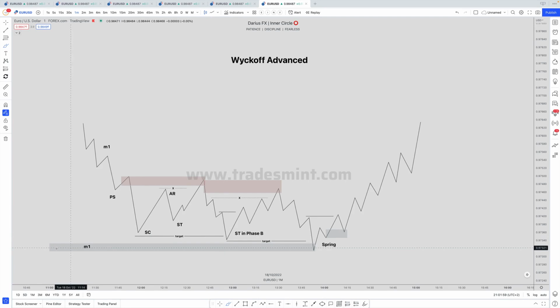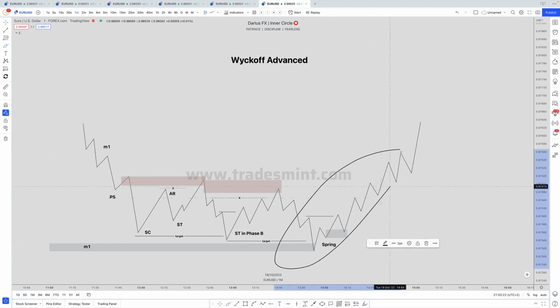And what we expect, because we are at an OB, is that we would like to see price coming lower to fill in that imbalance. And this secondary test in phase B could potentially fill in a part of the imbalance, and then it could in reality even move up higher, making this scenario true.